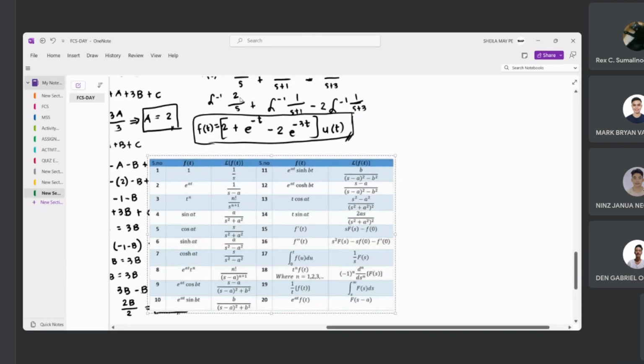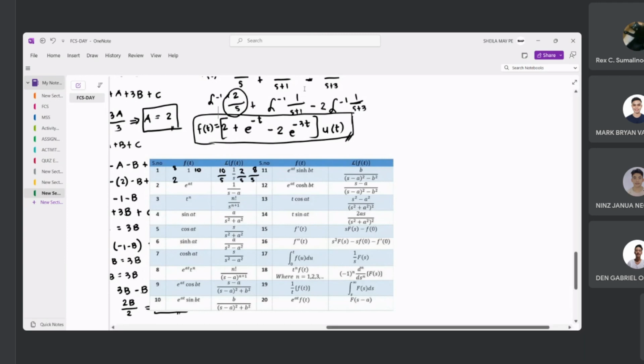If we have 2 over s here, that's the Laplace. That's the inverse Laplace of our constant. Looking at our table, we have constant 1, and its Laplace transform is 1 over s. If I have 10, what's the Laplace transform of 10? That's 10 over s. Laplace transform of 8 is 8 over s. Laplace transform of 2 is 2 over s. So we need to get the inverse Laplace transform of 2 over s. That's just basically constant 2.